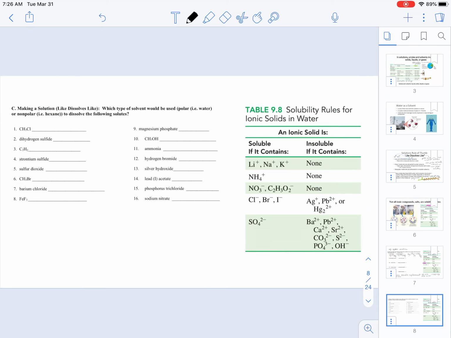Now, another way in which I can ask questions about if something is soluble or not is, again, utilizing table 9.8 to determine if it's an ionic compound. So again, this table is only for ionic solids. Let me make that clear. Use for ionic compounds.